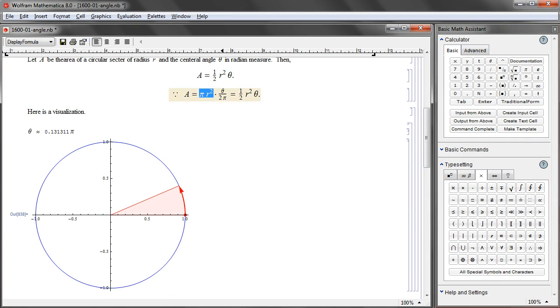It's pi r squared, isn't it? And the ratio theta over 2 pi represents the portion of the disk occupied by the sector. So we end up with pi r squared times theta over 2 pi. After some simplification, we end up with 1/2 r squared theta. Pi in the numerator and pi in the denominator cancel each other out.